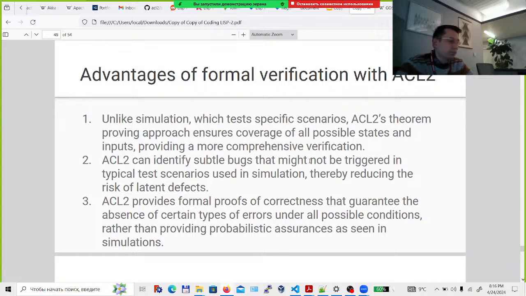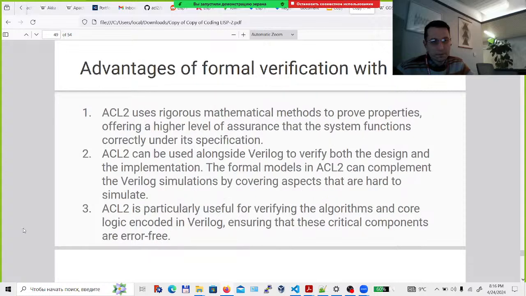It is also possible. ACL2 provides formal proof of correctness that guarantees the absence of certain types of errors under all possible conditions, rather than providing probabilistic assurance as seen in simulations. So ACL2 uses rigorous mathematical methods to prove properties, offering a higher level of assurance that the system functions correctly under its specification.